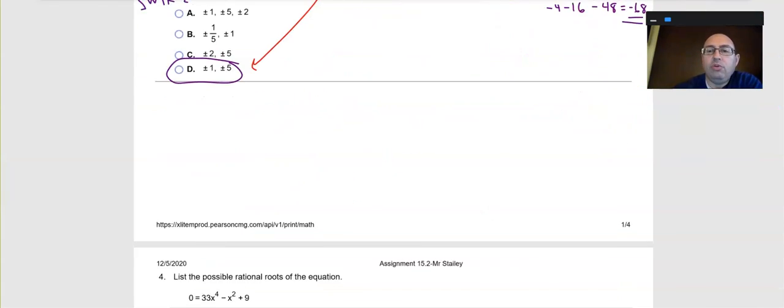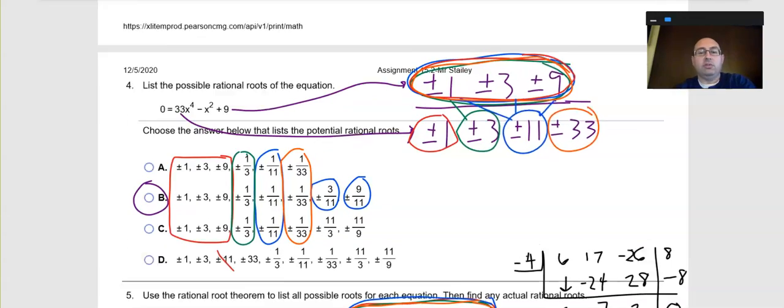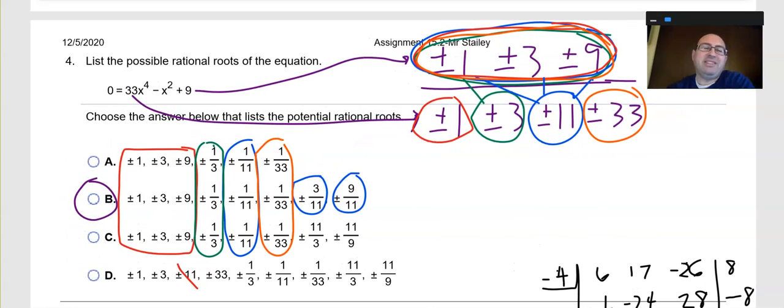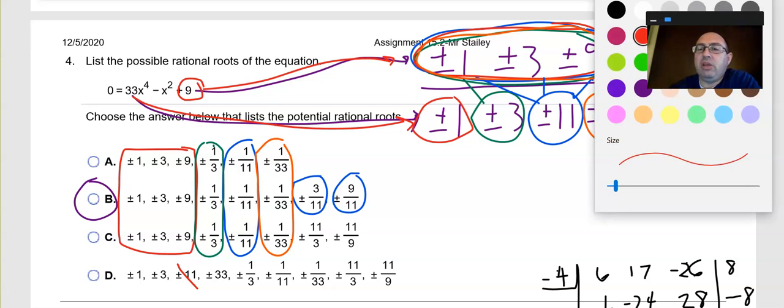Okay, moving on to a little bit more difficult question, but it's the same type of stuff, right? We're taking the factors of the 9, that would be 1, 3, and 9, both positives and negatives, and then the factors of the 33, which would be 1, 3, 11, and 33. Now, I've tried to color code this.